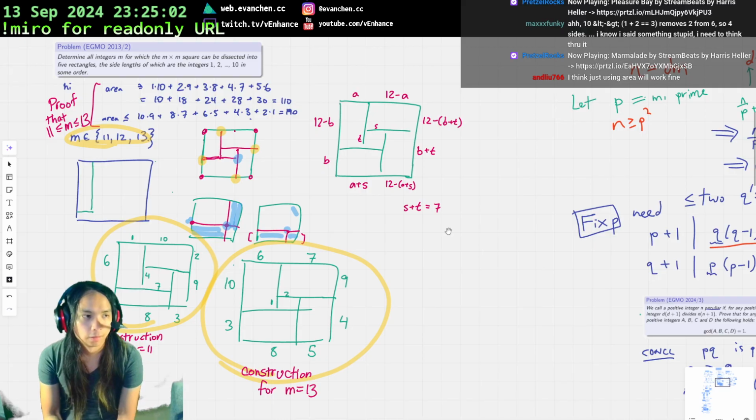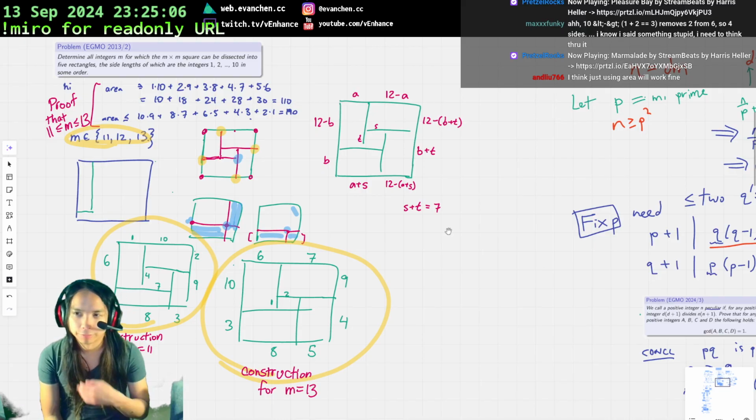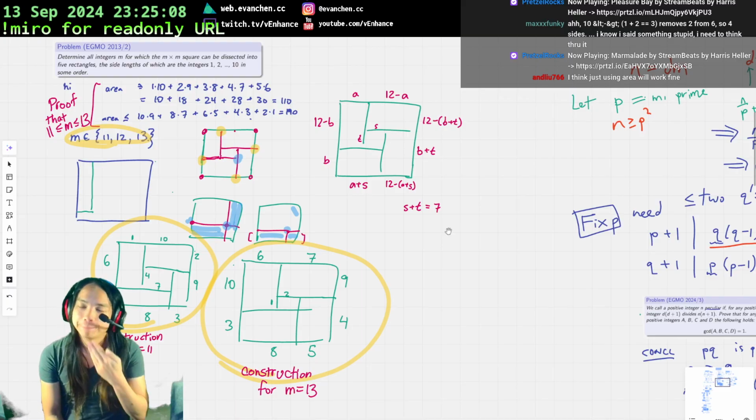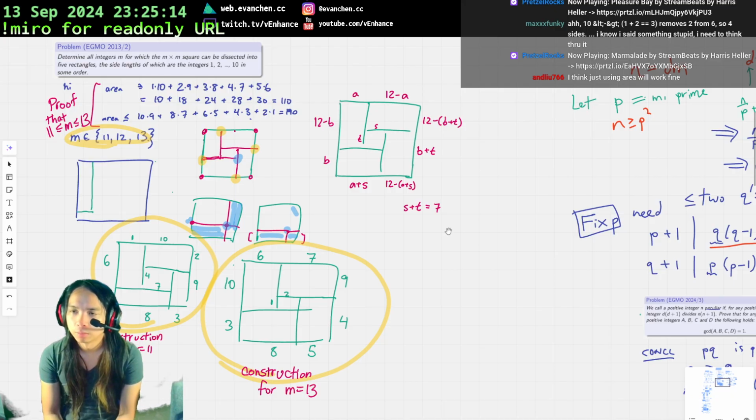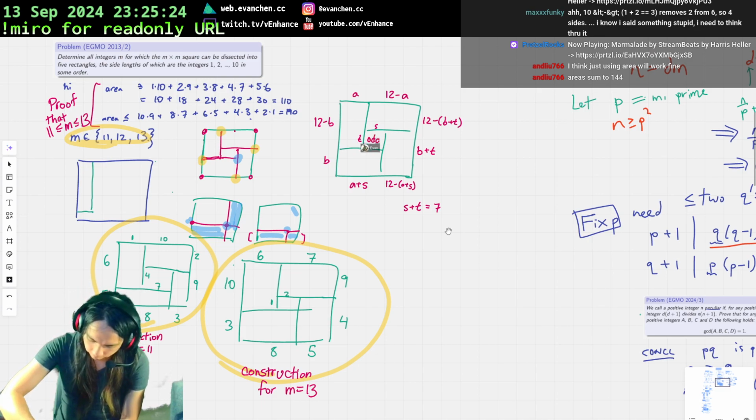I think just using area will work fine. What do you mean? Like, is the claim that the areas won't... So, okay, I guess the point is the inner area is odd.